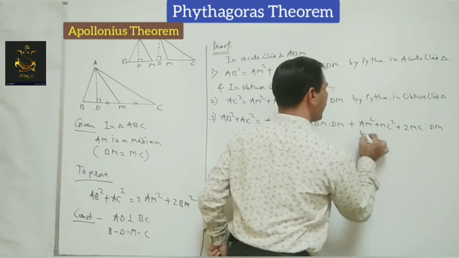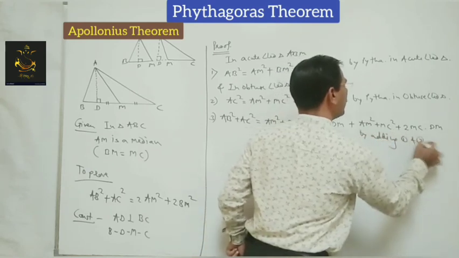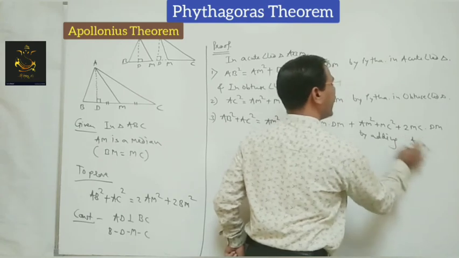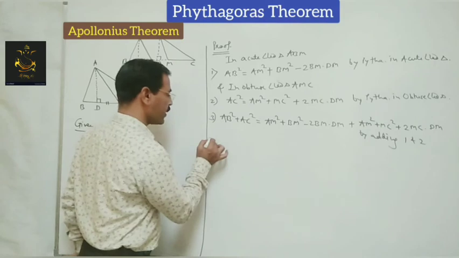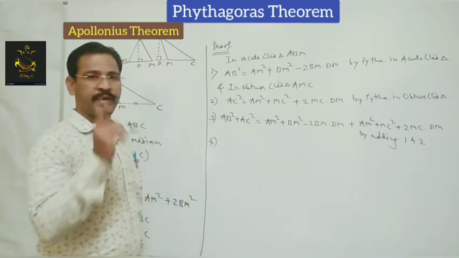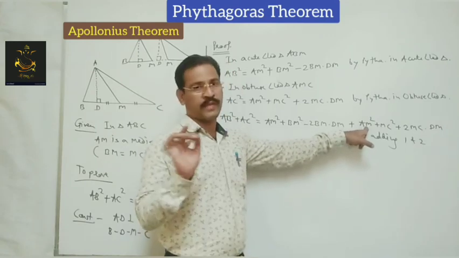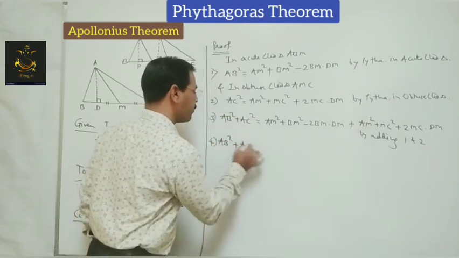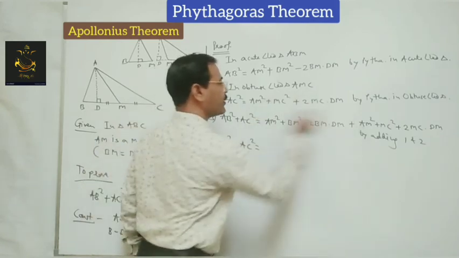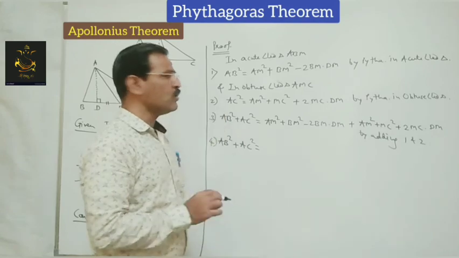What will we write here? By adding 1 and 2. Now just look here, it is very important. Remember friends, here AM square twice. AB square plus AC square has twice AM square.